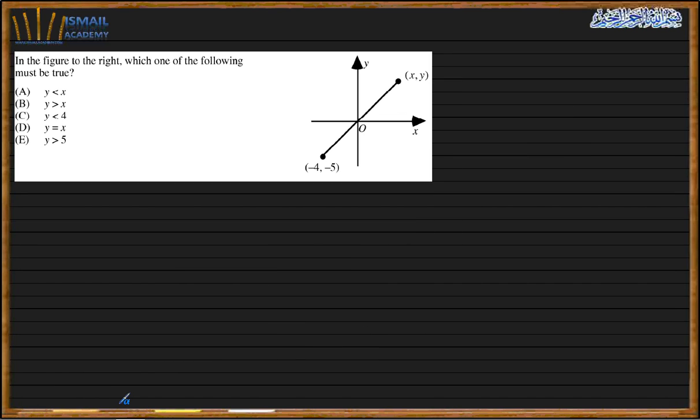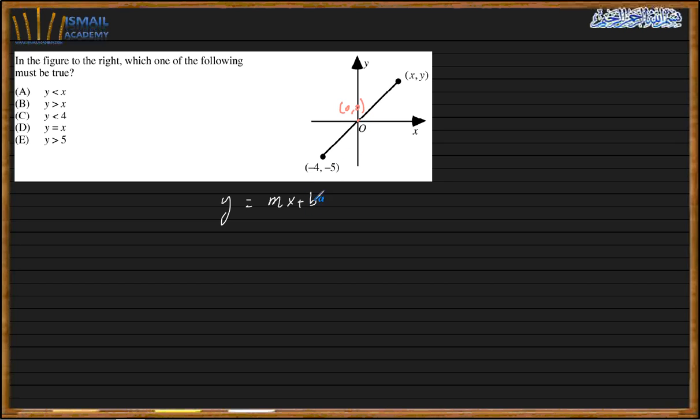In the figure to the right, which one of the following must be true? This is a line, so it has a slope, and we know that this is the point (0, 0). Let me find the equation of the line. The equation of the line is y equal mx plus b, where b is the y-intercept.